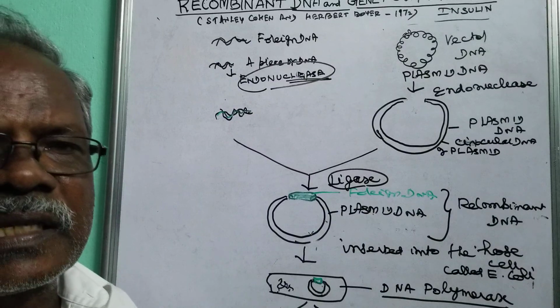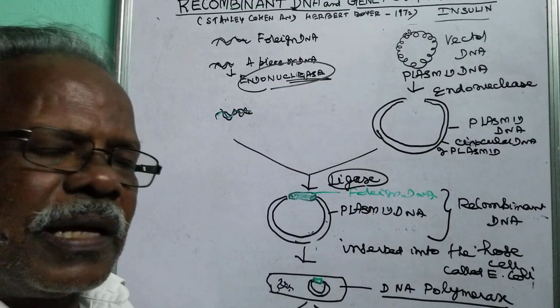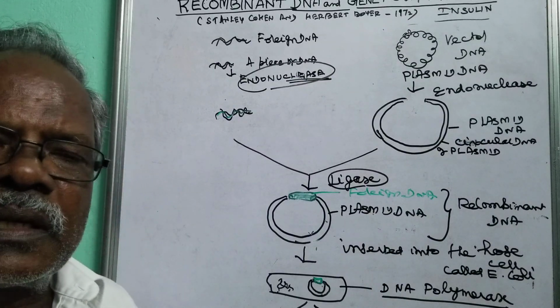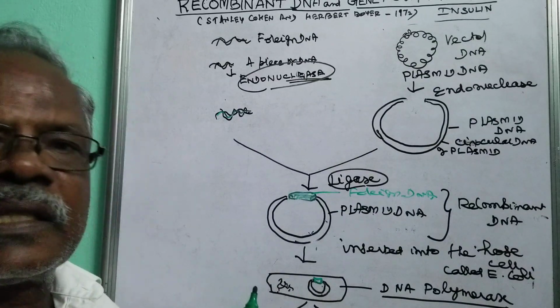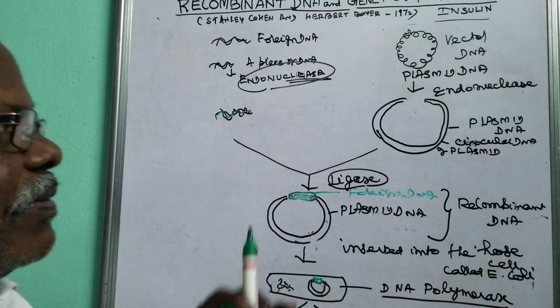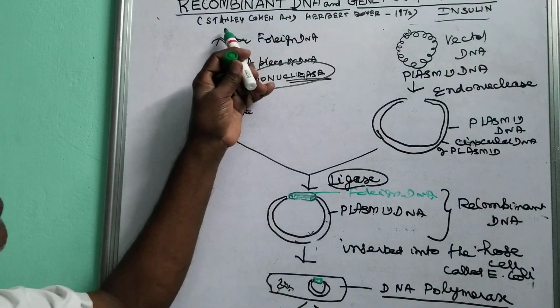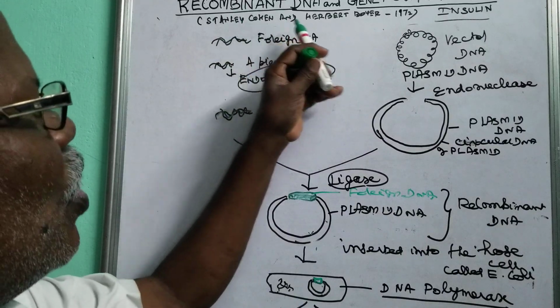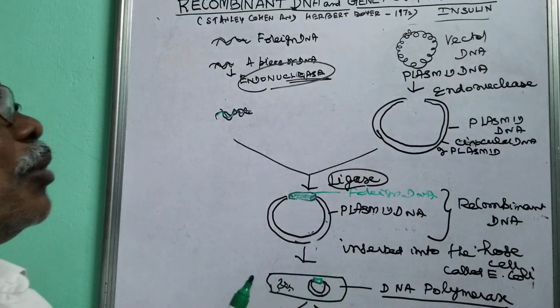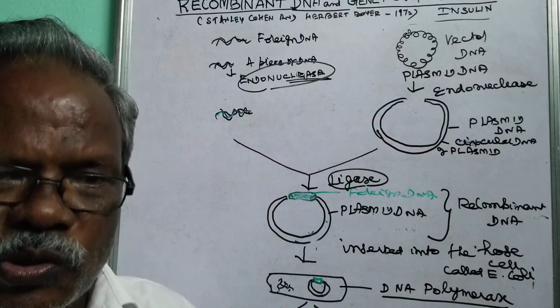The insulin is separated by the process of cleaning and filtration. By this way the insulin is prepared, and this recombinant technology was accomplished by Stanley Cohen and Herbert Boyer. With this we conclude this video.